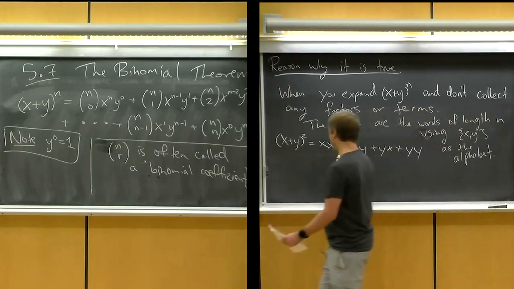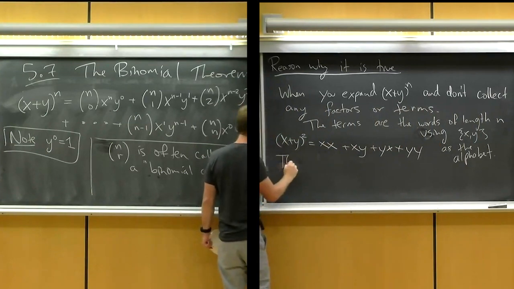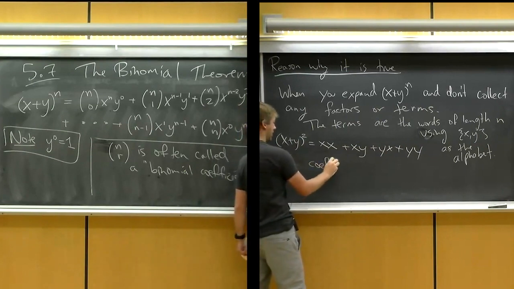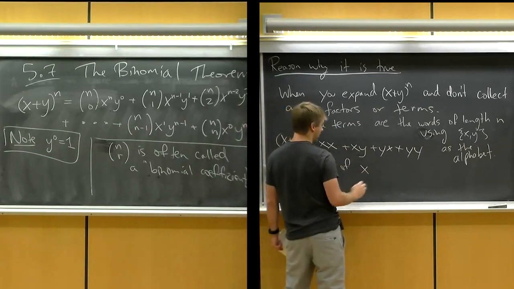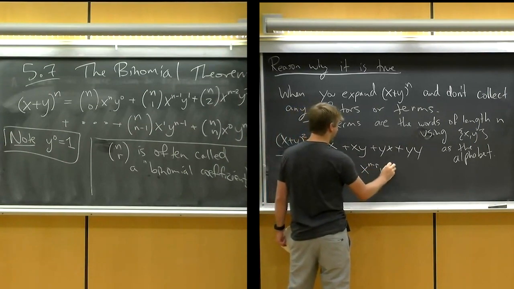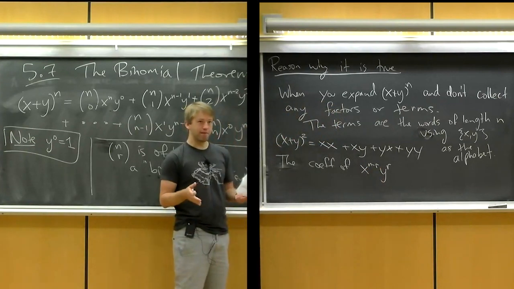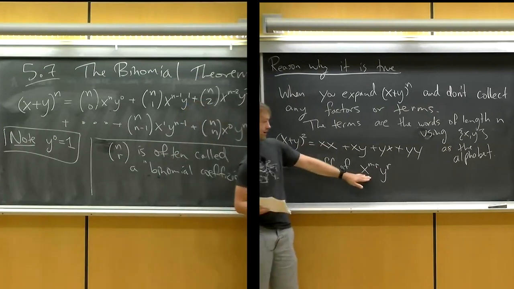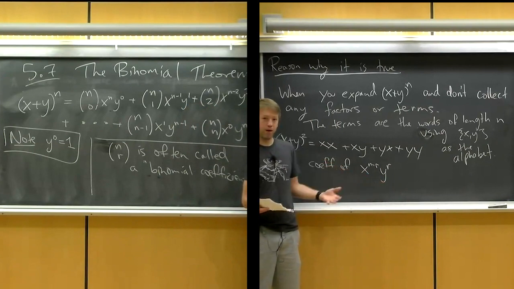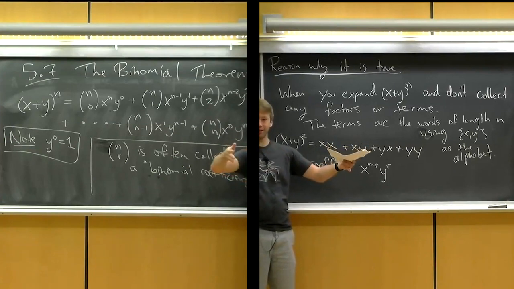So when you do collect everything, the coefficient of, let's say, x^(n-r) y^r should be equal to the number of words of length n that have exactly r y's. But that's the same as just taking n positions and choosing r of them to be y's.